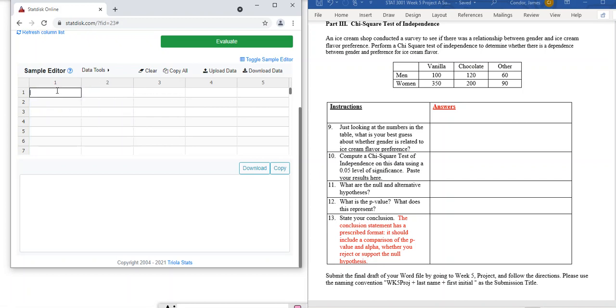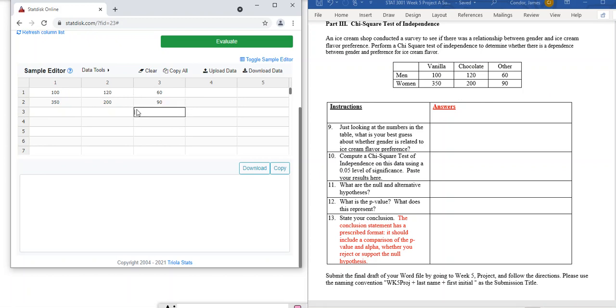And so 100, 350, 120, and 200, 60. I'm just doing a little bit more this time for you. I want you to make sure you get that in the right way.